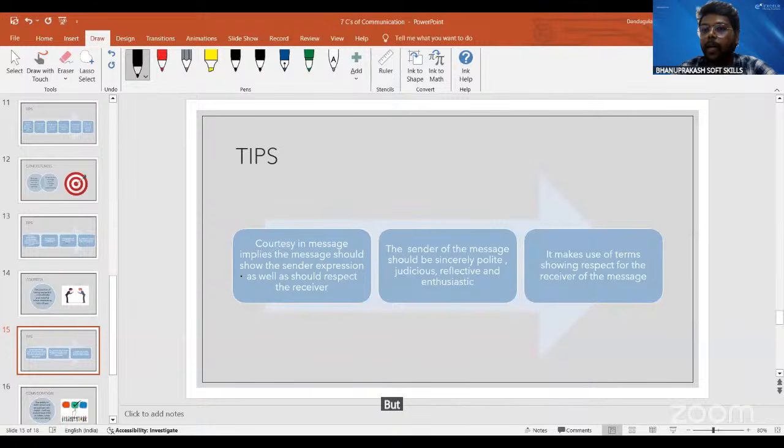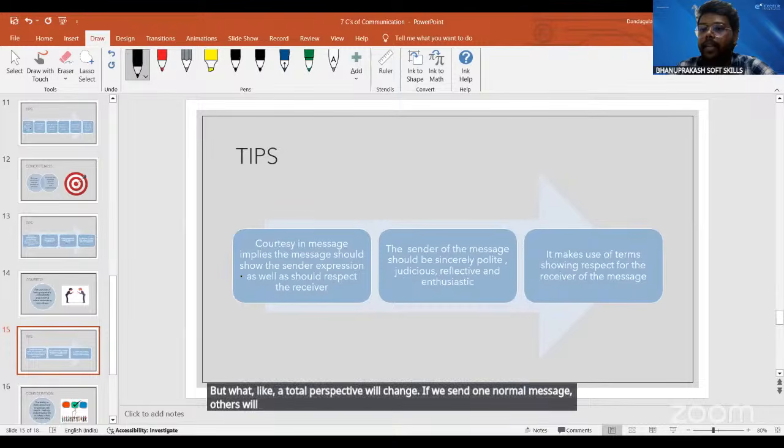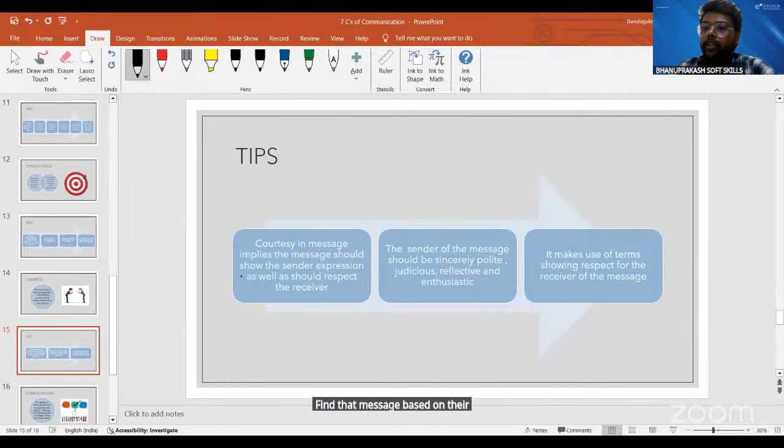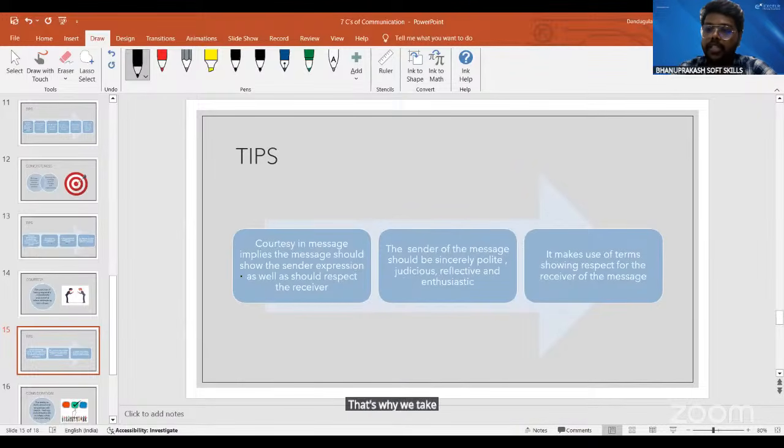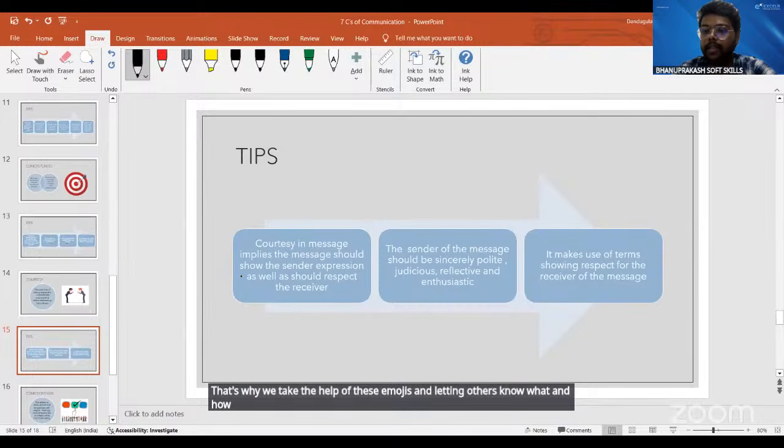Otherwise the whole perspective will change. If we send one normal message, others will read that message based on their mood. Even though we send that message in a happy mood, others may read it as a sad situation. That's why we take the help of emojis, letting others know how we are expressing that.